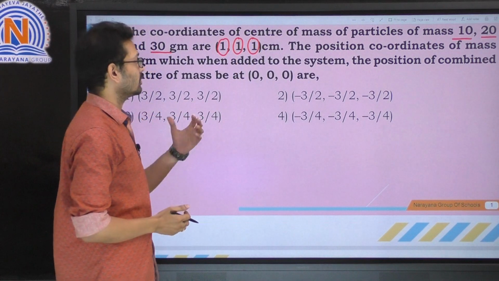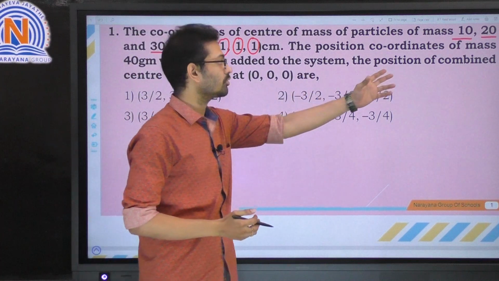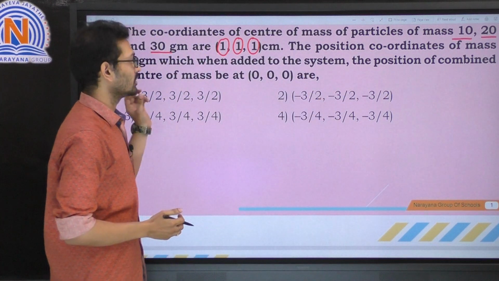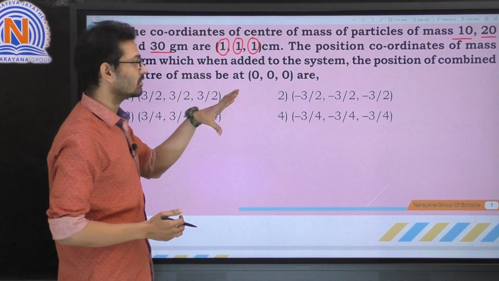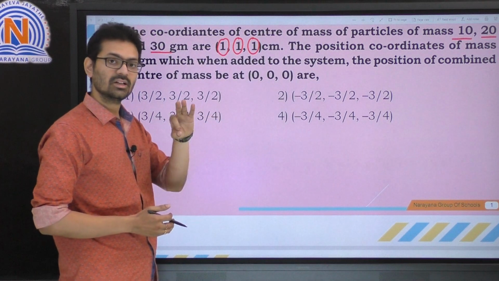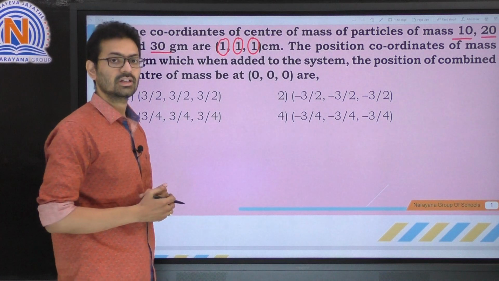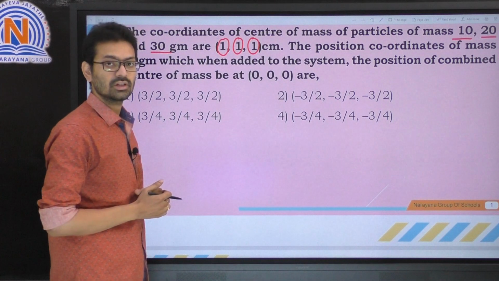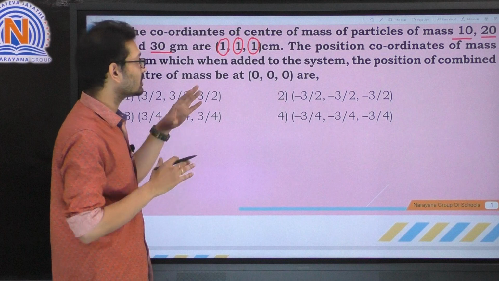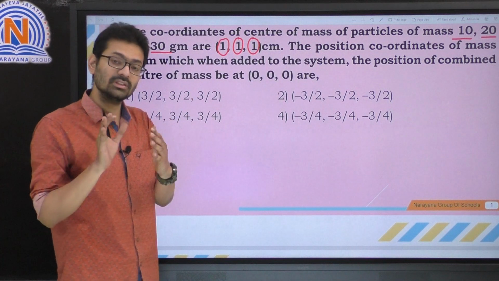Now what they are asking you is to find the position of coordinates of mass 40 which is added to the system. Actually, starting there were three masses only, after some time they added another 40 grams of mass into that system. Now what happened is the center of mass has changed.